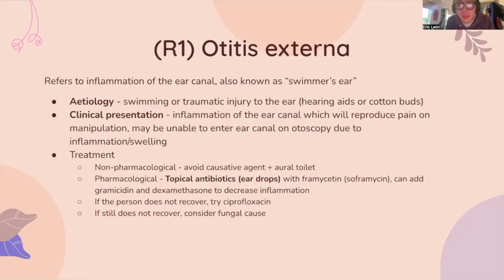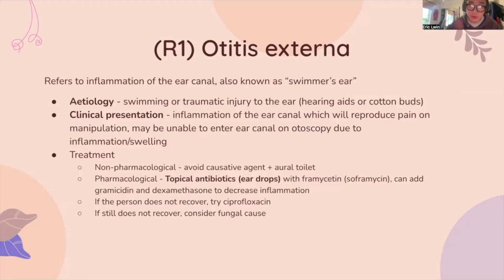Okay, next condition is otitis externa, which is also known as swimmer's ear and refers to inflammation of the ear canal. Typically this is caused by swimming or traumatic injury to the ear, which may be caused by hearing aids or cotton buds. The patient will present with inflammation of the ear canal.